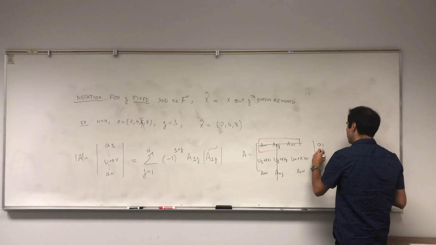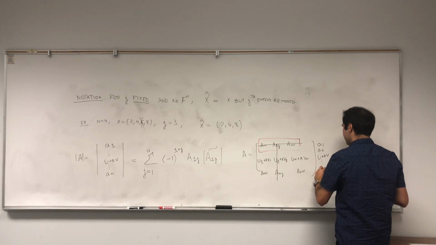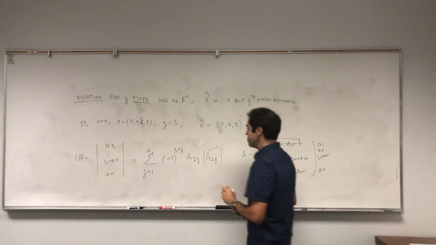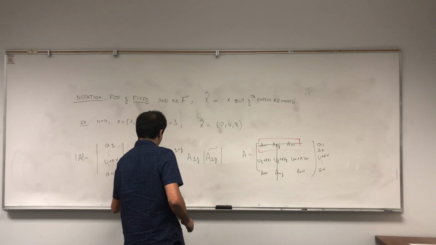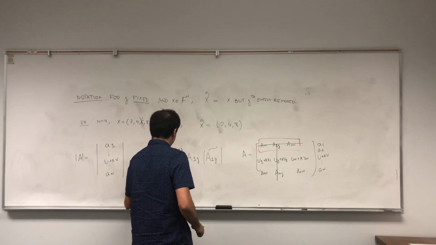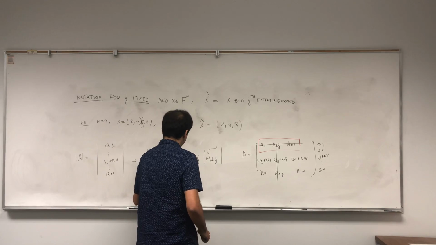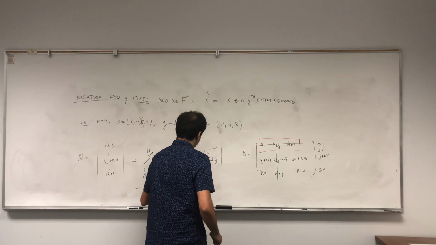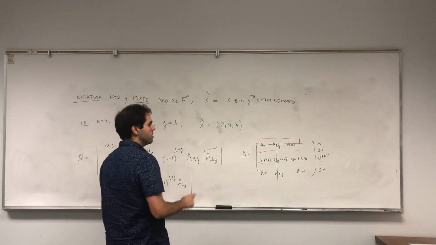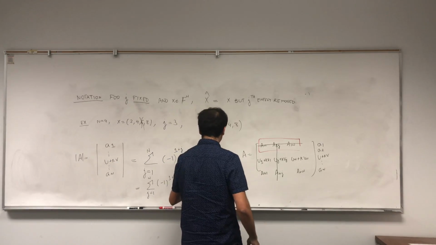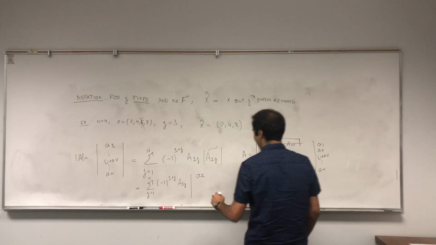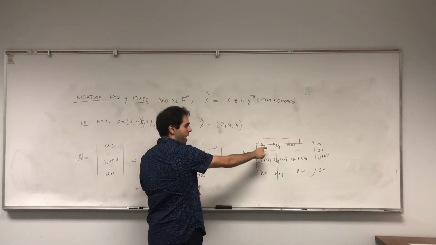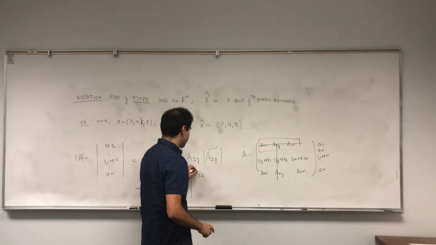So if this is A2, U plus KV, and then AN, what this becomes is the sum from j from 1 to n of minus 1 to the 1 plus j, A1j, of the subdeterminant of the form A2, and then U plus KV, but with the jth entry removed.